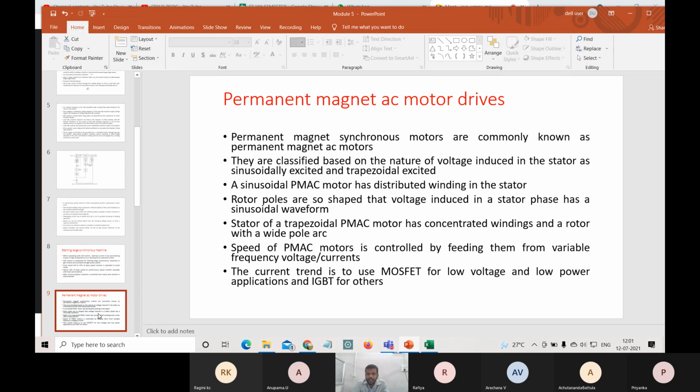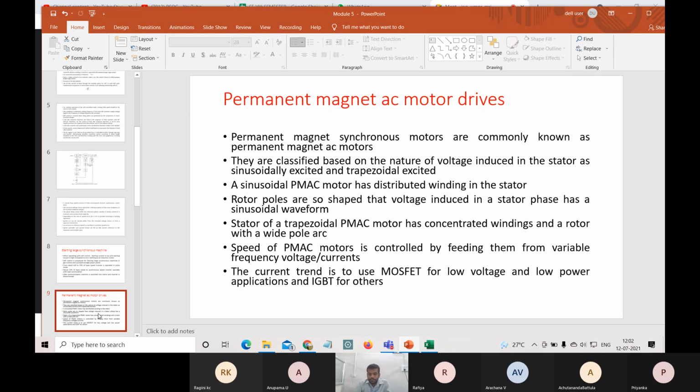Here they are classified based upon the nature of the voltage induced in the stator, whether it is sinusoidal or trapezoidal.